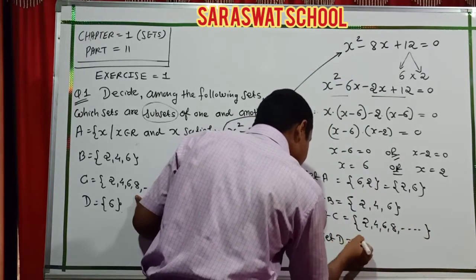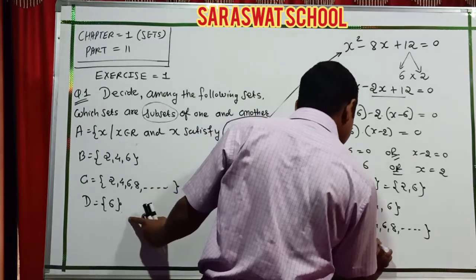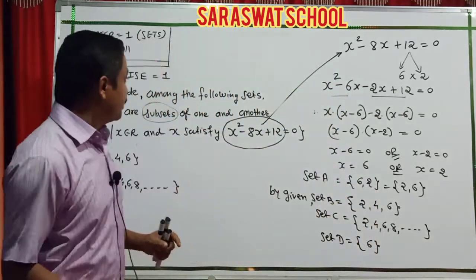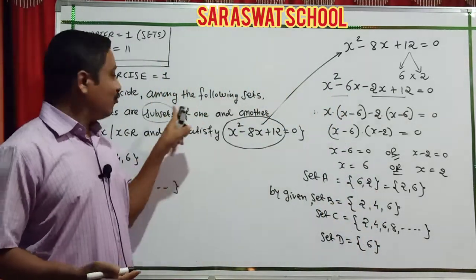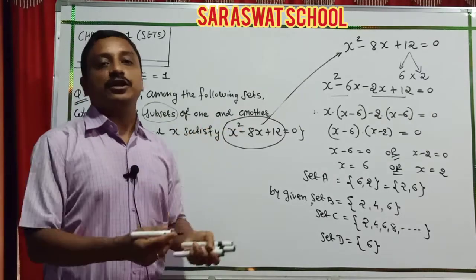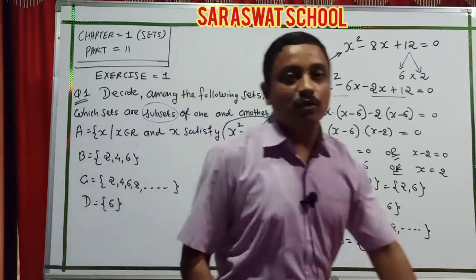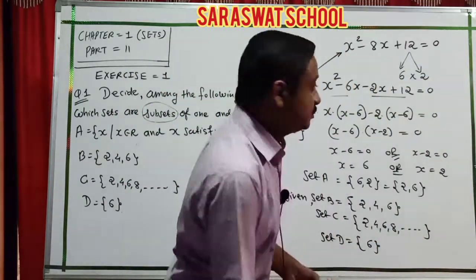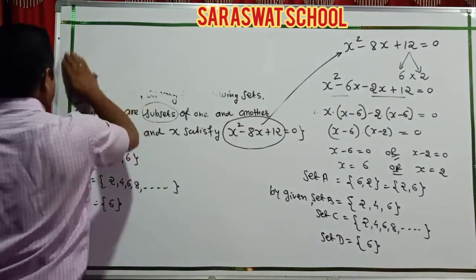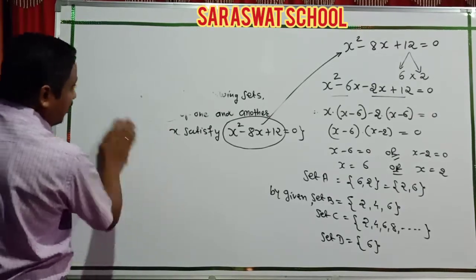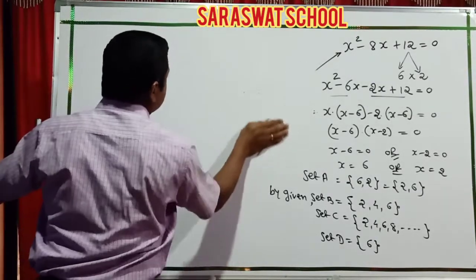And set D, students also know, is 6. Now the question: among these, find out the subsets of one another. It means I check for the subset relation one by one.